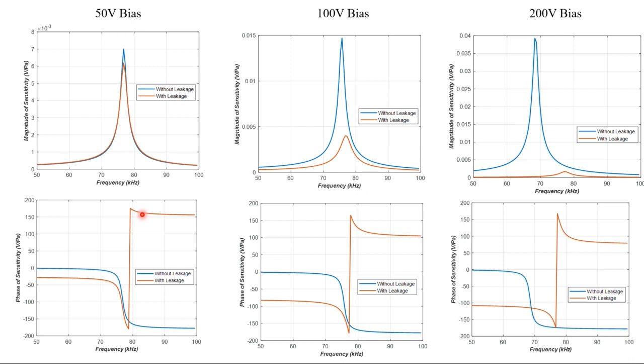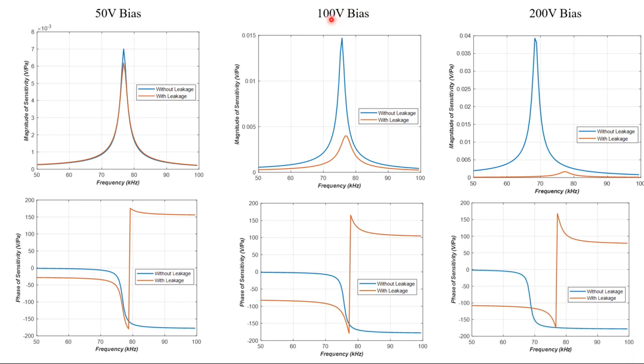If it is 50-volt biased, it's almost the same frequency. If you remove the leakage, if you do not have that RC branch across the transduction force in the model, the difference with and without leakage in the magnitude of the sensitivity is about 1 millivolt per pascal. What happens if that bias is doubled?